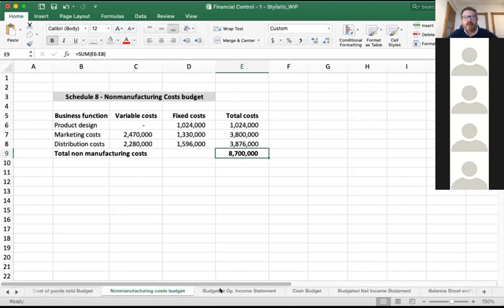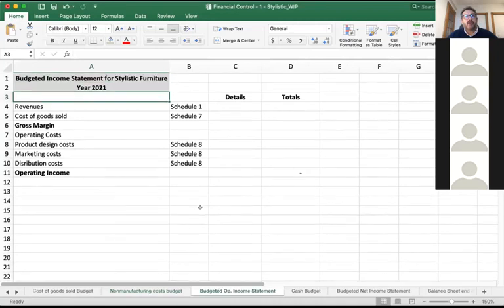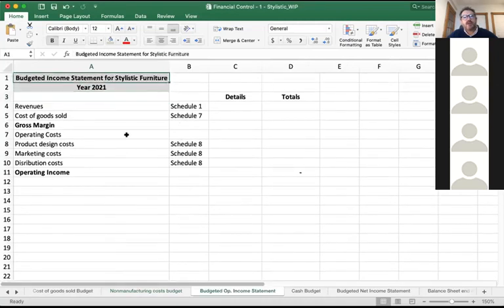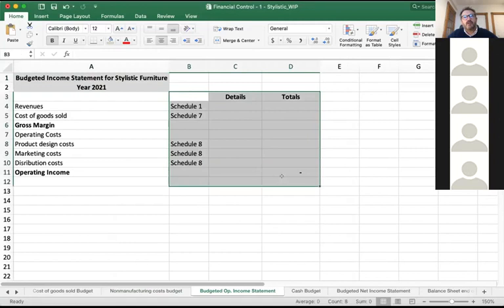So okay, now I think we can calculate the budget income statement. Here it's just gathering information, so it should be quite fast. And so I let you 5 minutes.